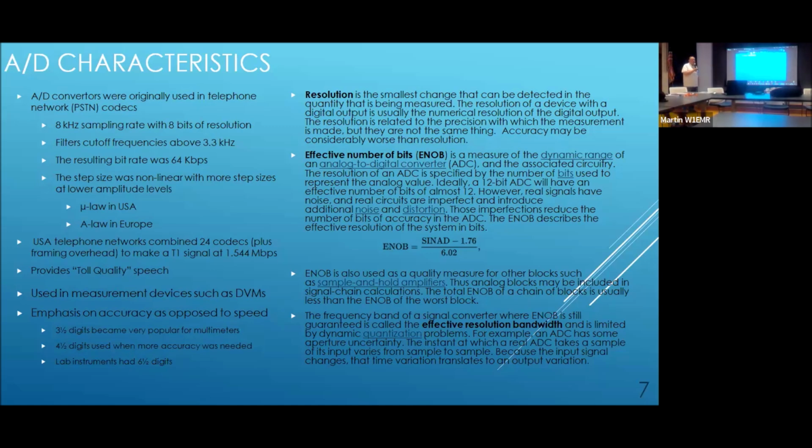Okay, so what difference does this make? The answer is we have resolution, which is the smallest change that you can actually measure with this thing. The resolution of the device with the digital output is the numerical resolution of the output, and it's different from the precision with which the measurement is made. Resolution is how many digits can you read out on your display, but that doesn't necessarily mean it's accurate or precise.